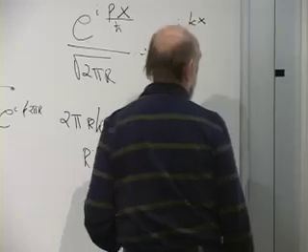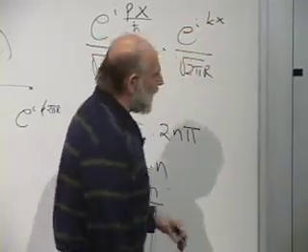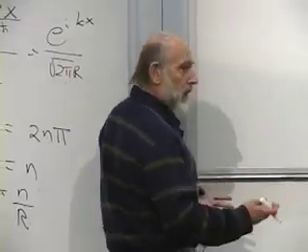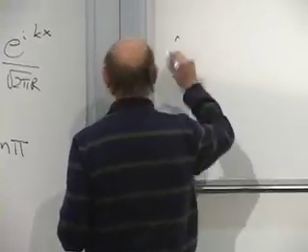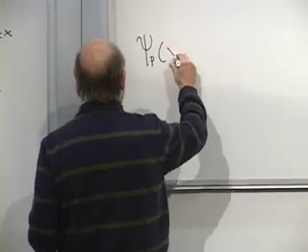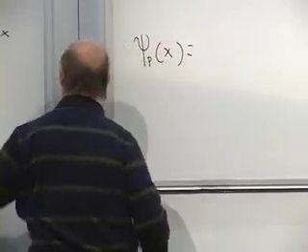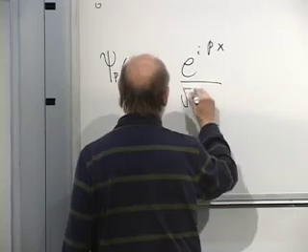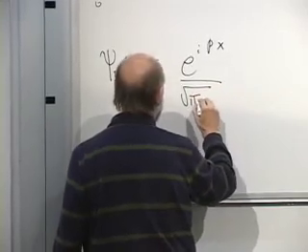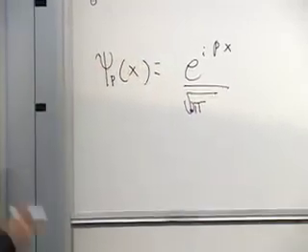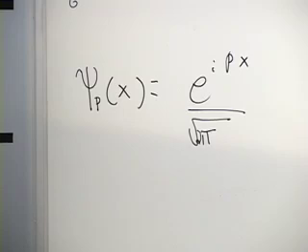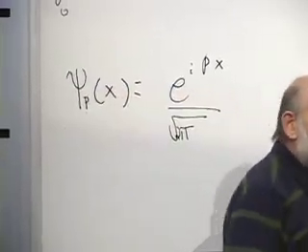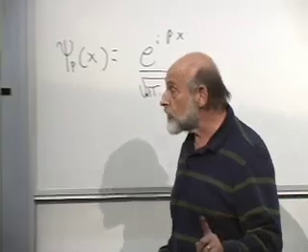It's no longer a truly normalized wave function, but now we'll just define it. Psi p of x will be the same thing, e to the i px over the square root of 2 pi, without the r here. That means these wave functions have been stretched out by a factor of the square root of r.